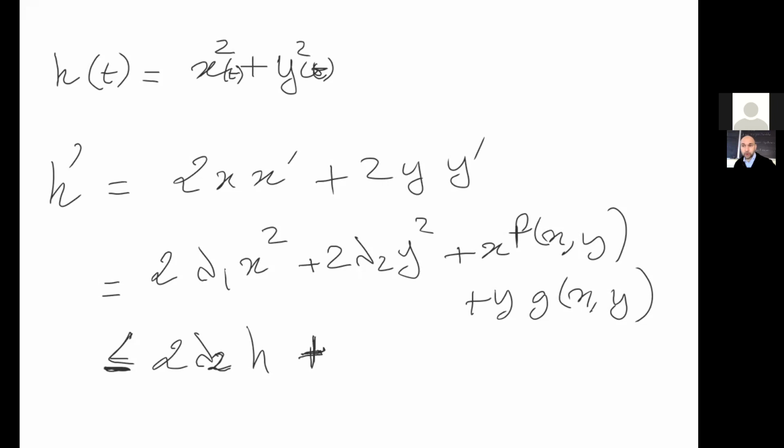Plus, now I apply the Cauchy-Schwarz inequality. So plus the norm of (x,y) times the norm of (f,g). This is the Cauchy-Schwarz inequality.